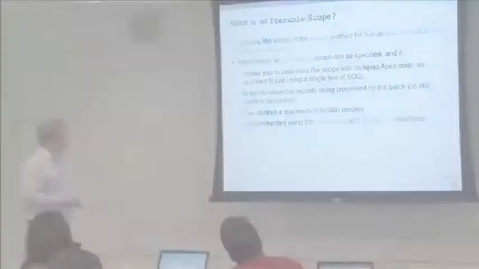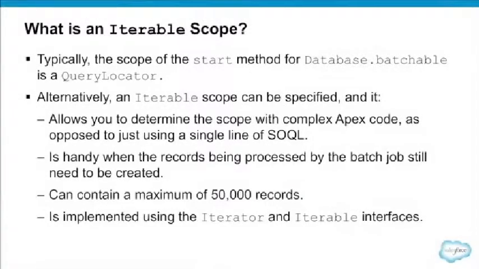What you can do is there's this other option, which is to supply a class which implements iterable. What iterable is all about is returning an iterator, and inside the iterator class is a hasNext and a next method that you need to implement.